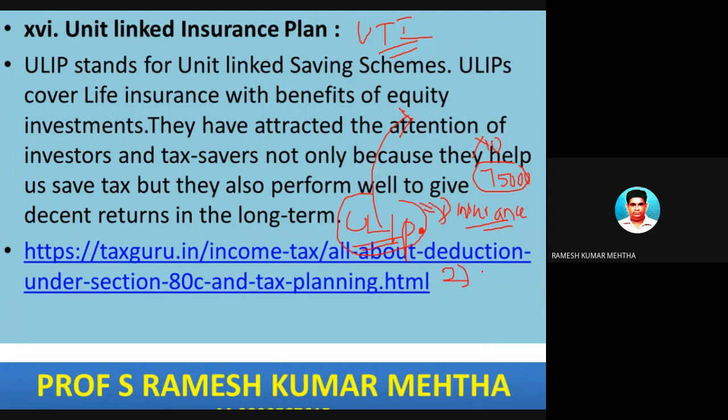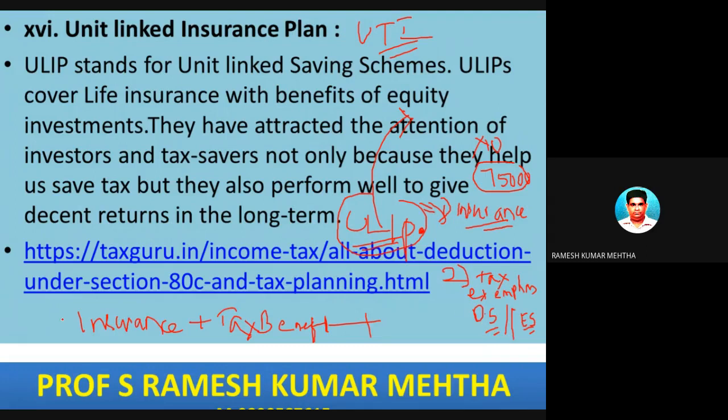Number two is tax reduction, tax exemption under Section 80C. So you get insurance plus tax benefit. And apart from this, the amount collected by the concerned mutual fund company or asset management company or insurance company, they invest a percentage of money in debt schemes and a certain amount in equity schemes, that is in blue chip companies and government of India securities or any other investments where a fixed rate of interest is given.